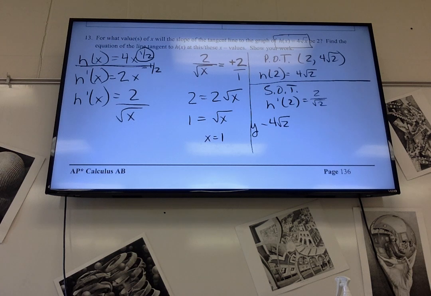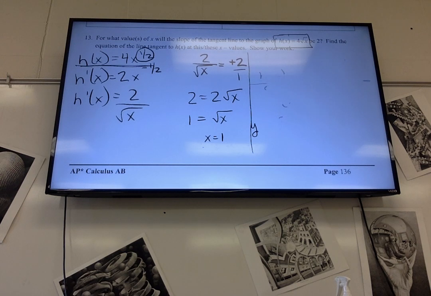I was just thinking because we got 1 here. I was like, oh, I am totally messing up. So I just found x. X is 1. I'm supposed to be using that for x.